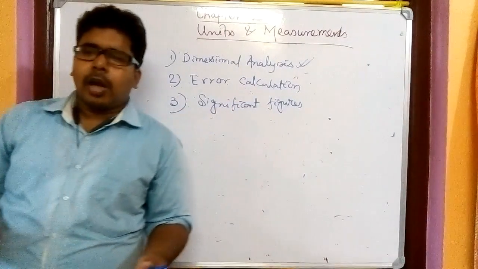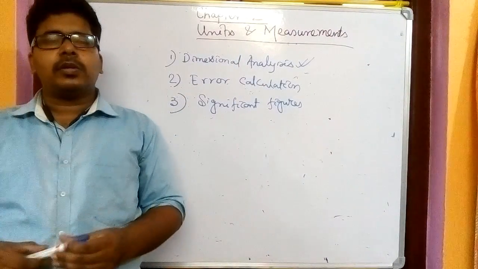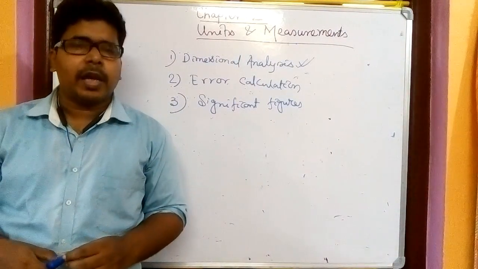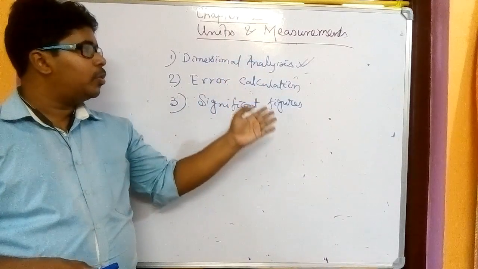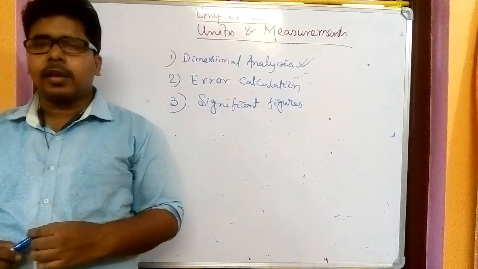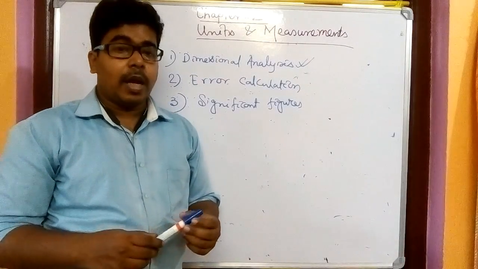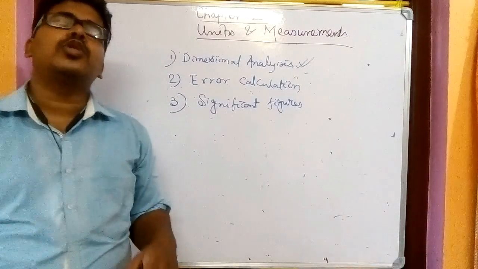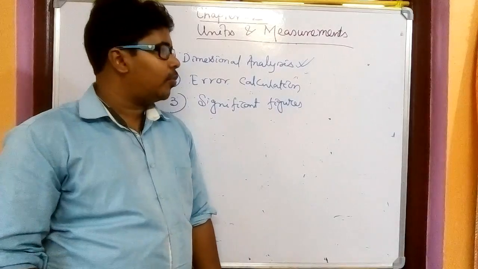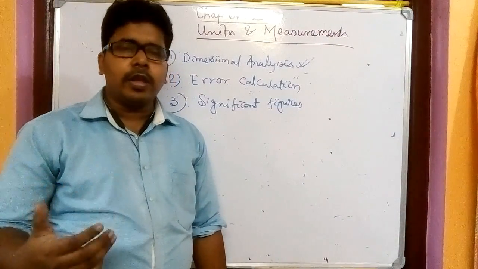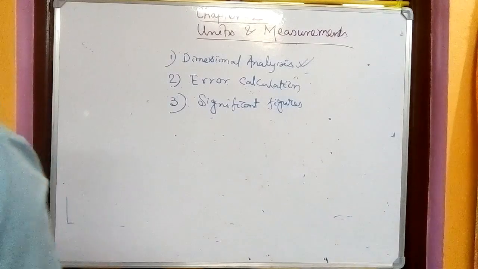So after three videos, we'll meet on any sort of online platform, and before that we have to discuss. So today we'll discuss the first part of dimensional analysis. I think the introductory portion I have given is clear enough to understand how we have to move our study forward. Okay, let's see.